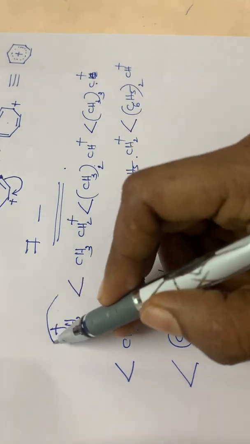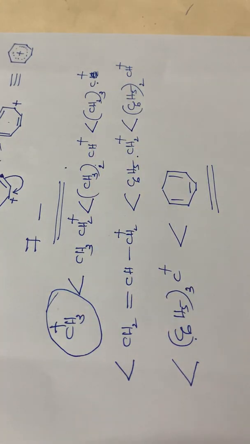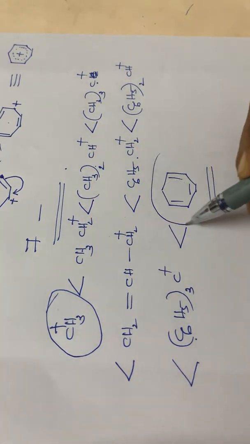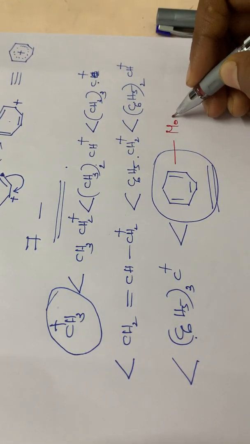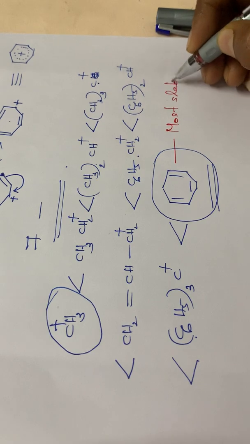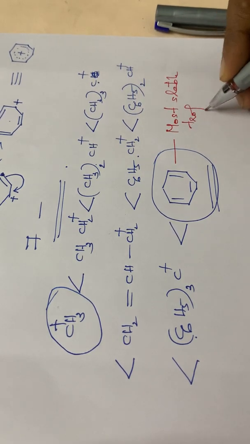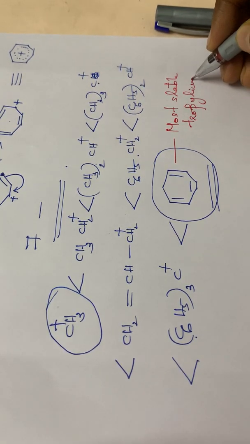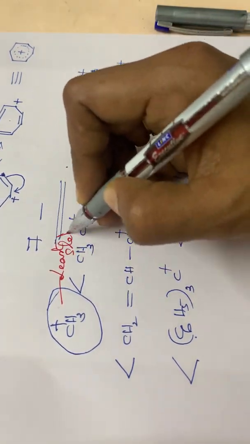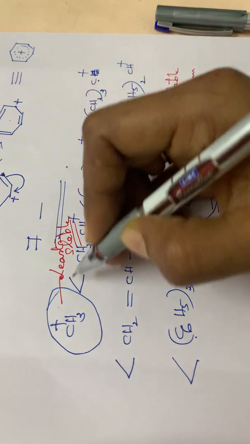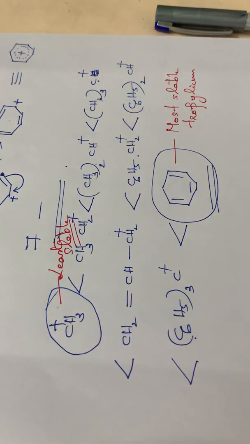So the least stable among these compounds is methyl, and the most stable one is the tropylium carbocation. Okay, so this is how you can compare the stability of carbocations.